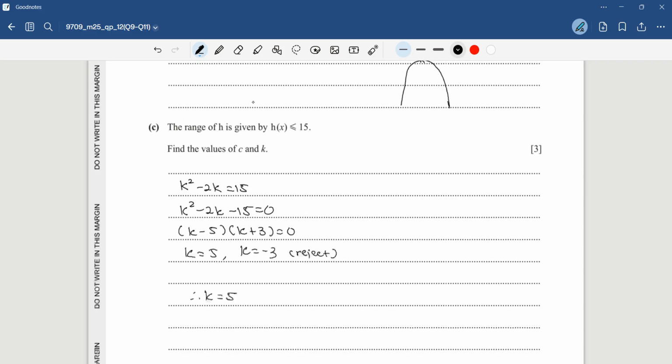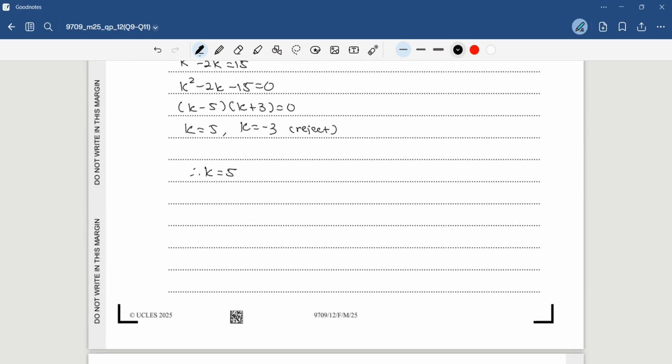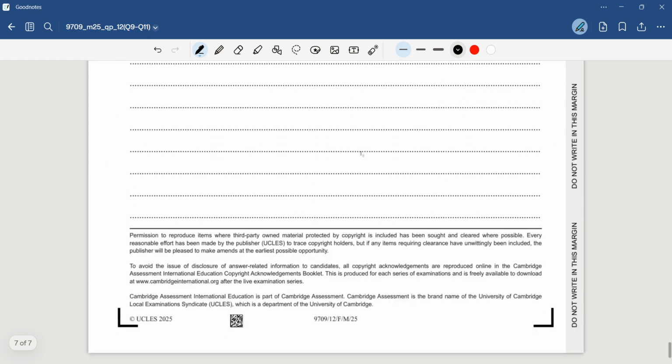And in order to find c, we can utilize back whatever we have here: 2c equals 2k plus 1. So c equivalent to (2k plus 1) over 2. So c equivalent to 11 over 2. Okay, so that's all from me. Thank you.